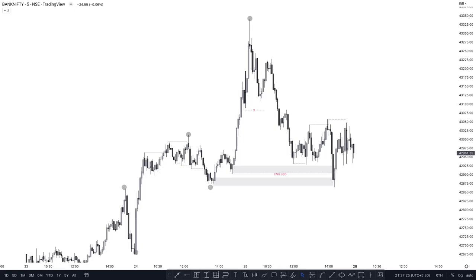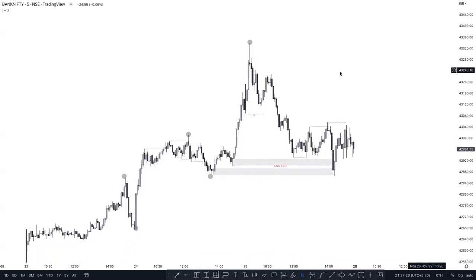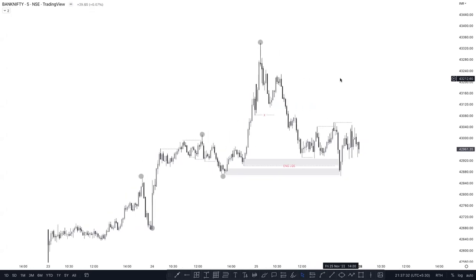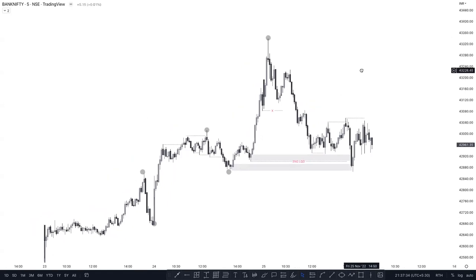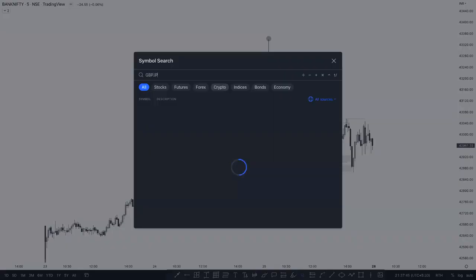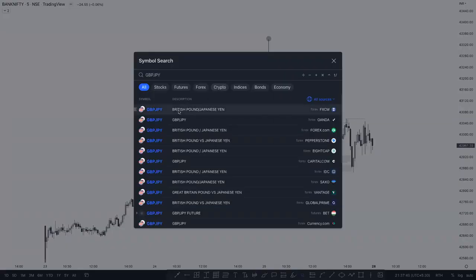Okay, we can take any pair. Don't spend too much time selecting a pair. Okay, GBP JPY. Okay, let's do it, everyone. GBP JPY, let's see how it works.